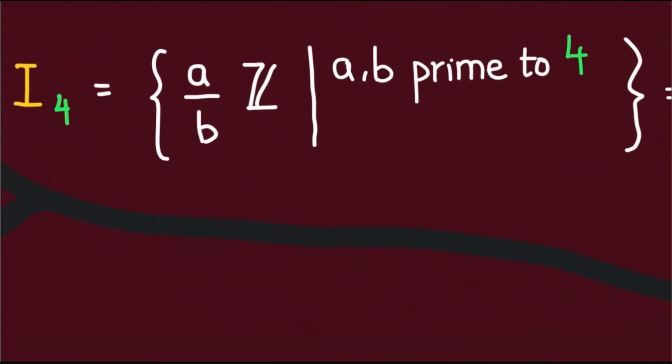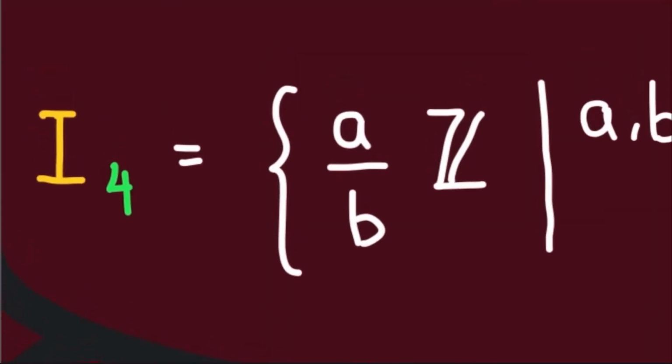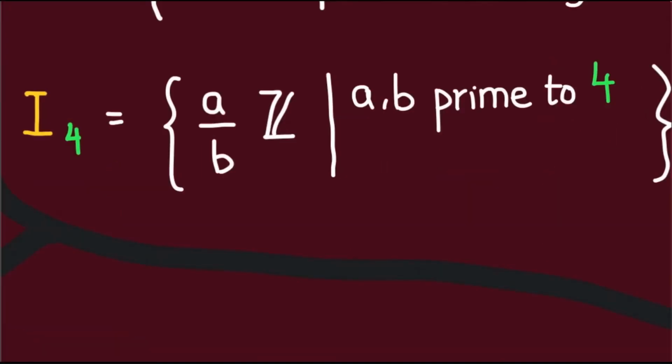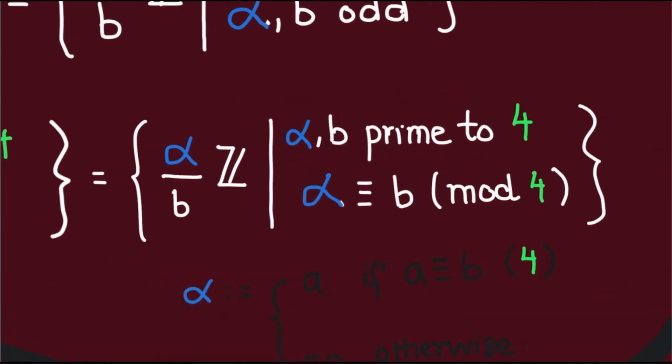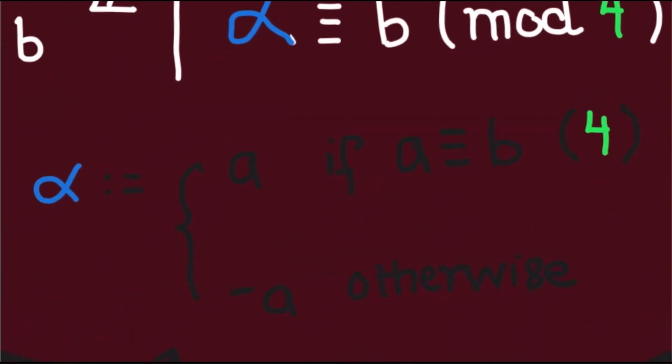This is because, again, I^4 is the set of all fractional ideals generated by a/b that are prime to 4. Now again, if a/b is a generator, then so is -a/b. Therefore, by changing a sign, we can assume that α and b are congruent to the same thing modulo 4.